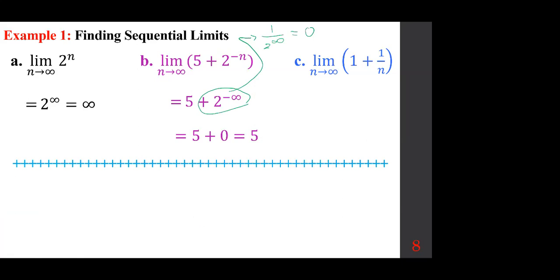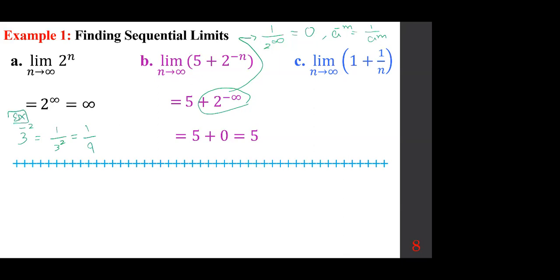Remember, the exponent is minus n, and the negative exponential rule: a to the power of minus m is 1 over a to the power of m. For example, 3 to the power of negative 2 means 1 over 3 squared, that means 1/9.